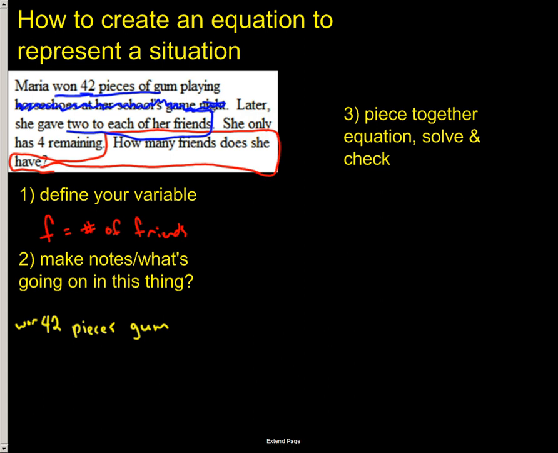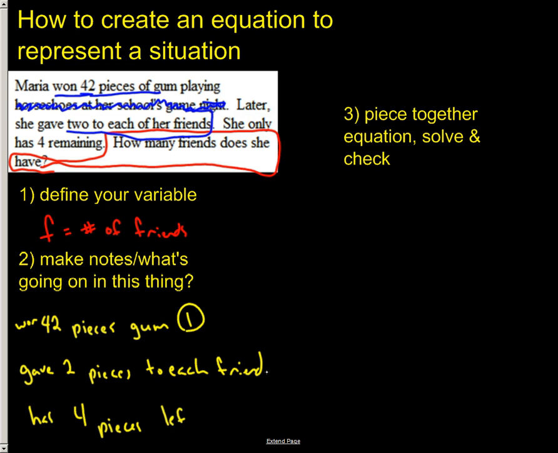So let's make a note of that. And then the last thing is she has four pieces left over. So that's the very last piece of information. It kind of goes in the order that it occurs. She won 42 pieces, she gave two pieces to each of her friends, and now she's got four pieces left over.